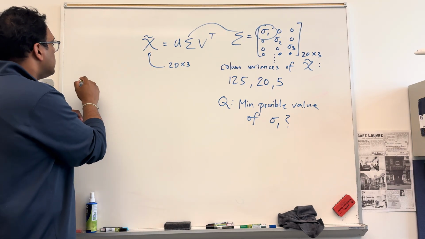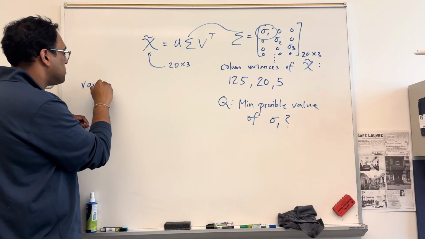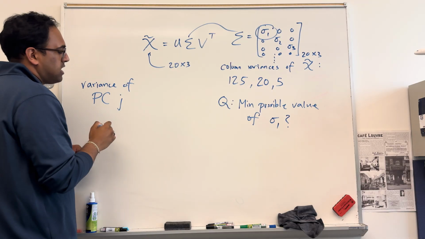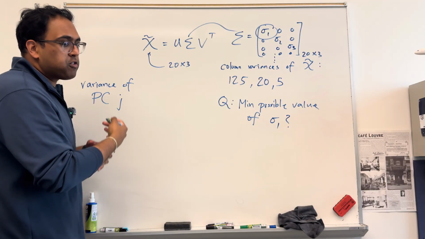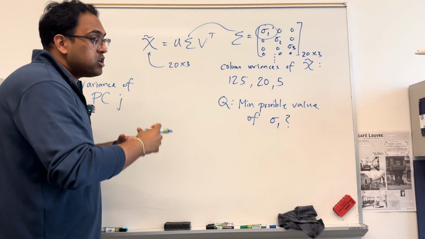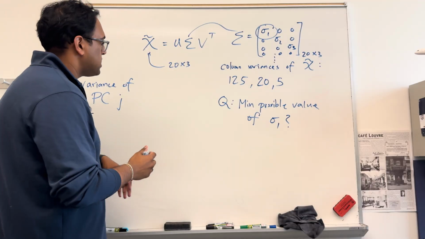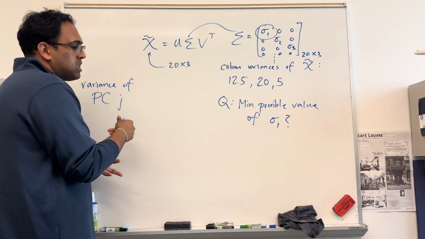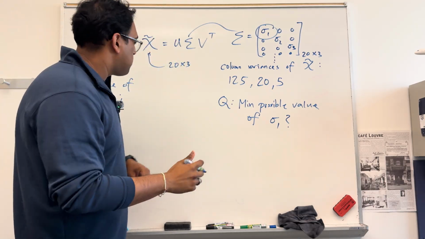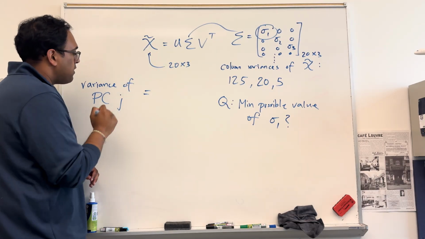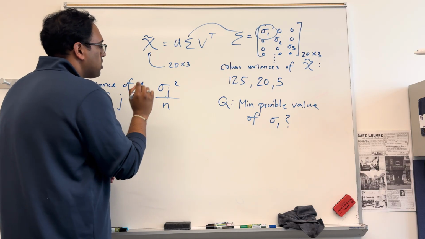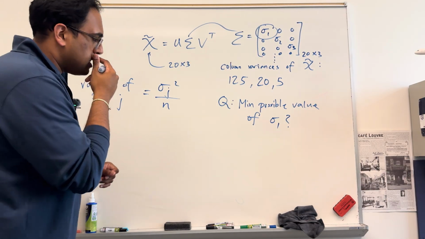The key idea here is that PC1 is the one new feature that captures the most variance in our data, and PC2 would be the next new feature after we've accounted for the variance in the direction of the first feature, and so on. The variance of principal component J is sigma J squared over the number of data points, which here is 20.